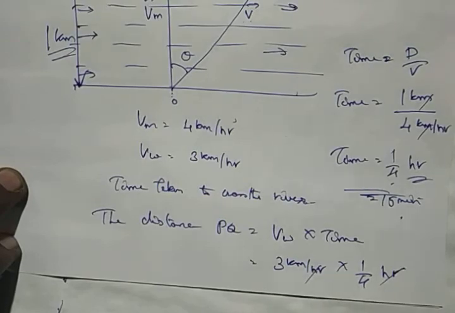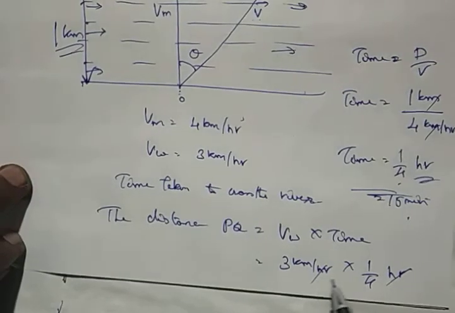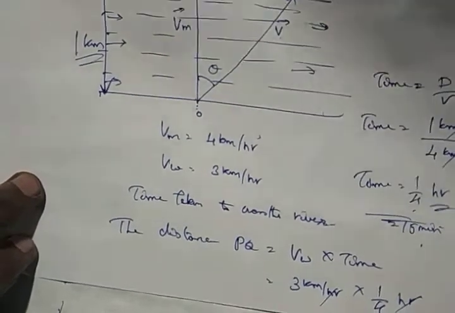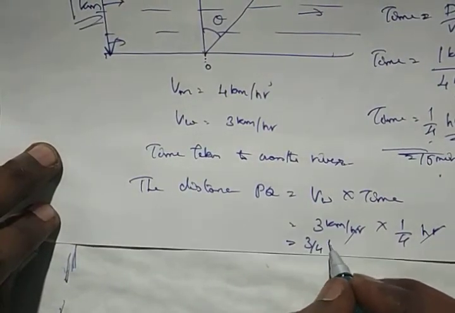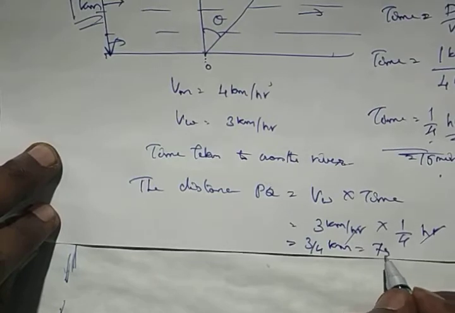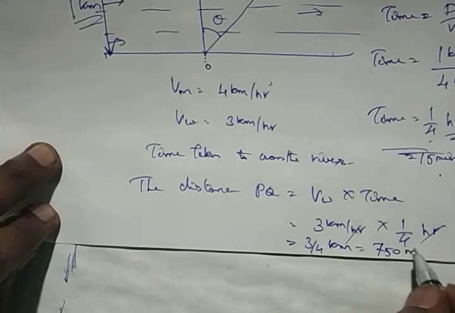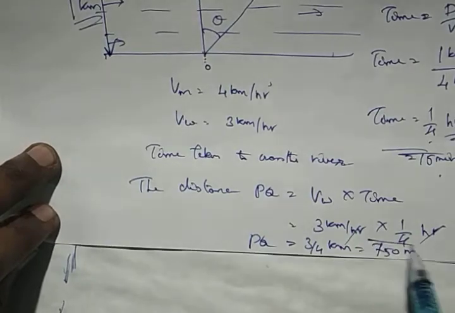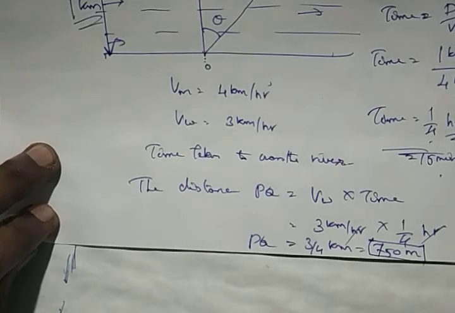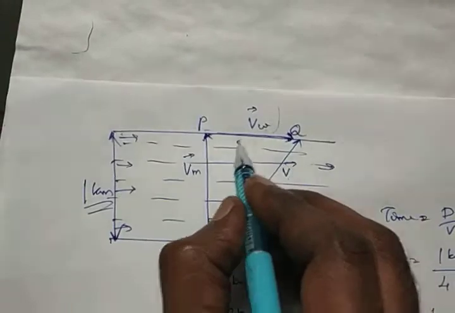So hour and hour gets cancelled out. Now this is going to be 3 by 4 kilometers. It is 750 meters then. This is PQ, equal to 750 meters.